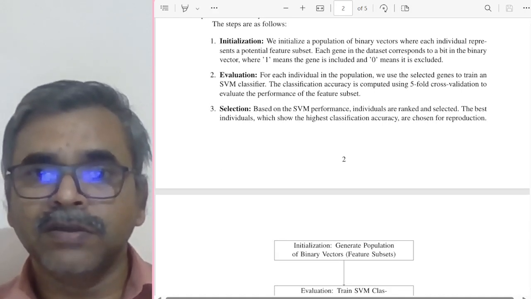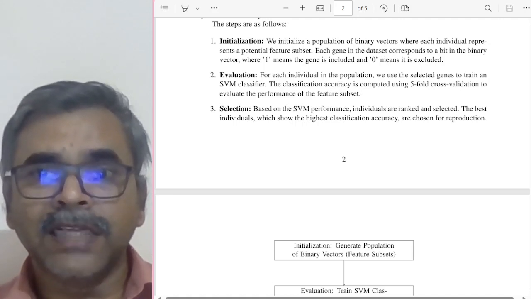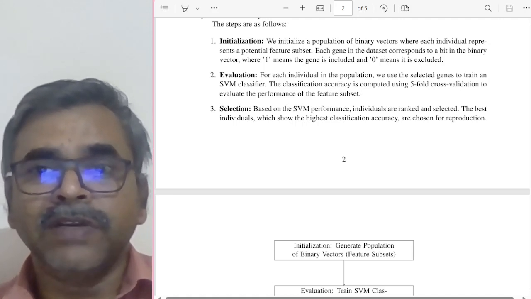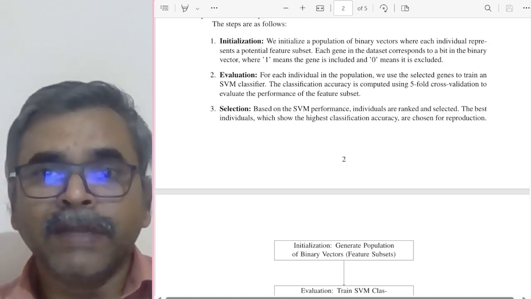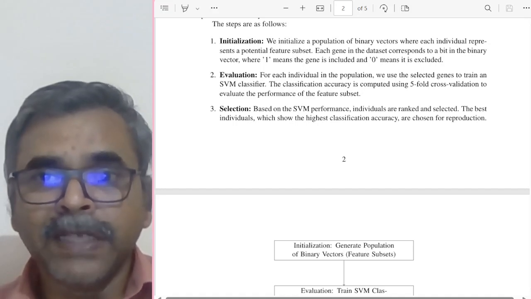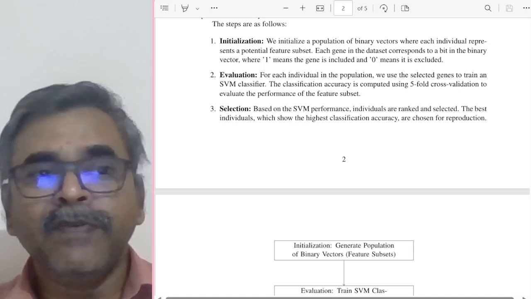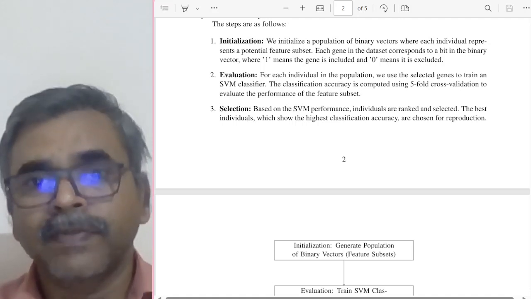So this is the hybrid step. For each individual in the population, we use the selected genes to train the SVM classifier, and classification accuracy is computed using 5-fold cross validation to evaluate the performance of the feature set. And this performance measure of the SVM, we use as the fitness value.